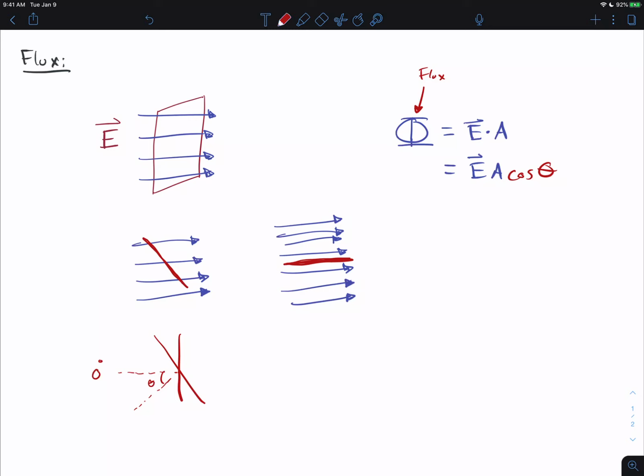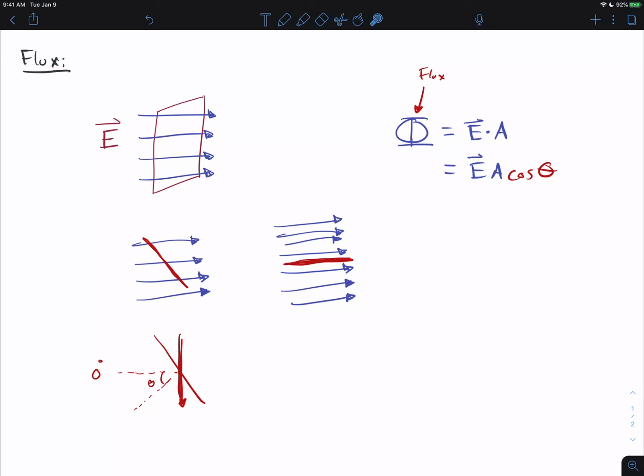If I want my angle to be along this direction right here, and let's say I call this phi, then this right here would equal 0 degrees, and then out here would be 90 degrees, two different things, right? So we want to just make sure you understand that this is the angle between the normal of my area, whatever my area surface is, normal to that, and then my electric field, okay?